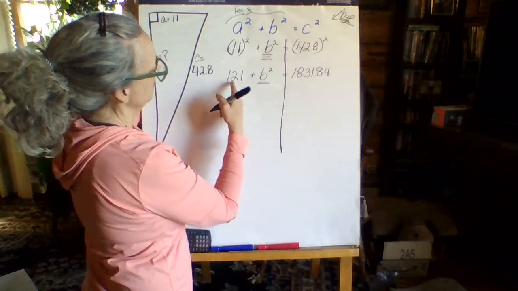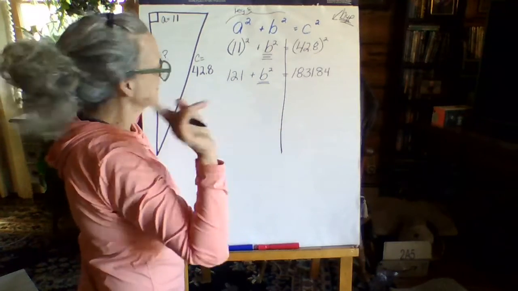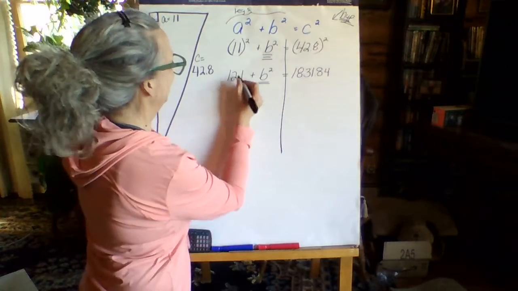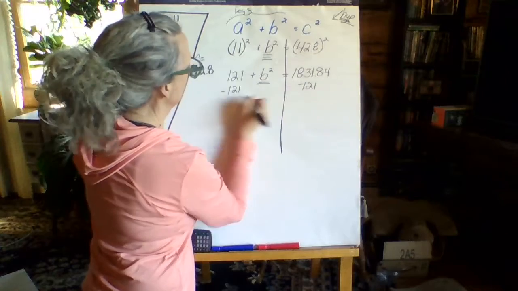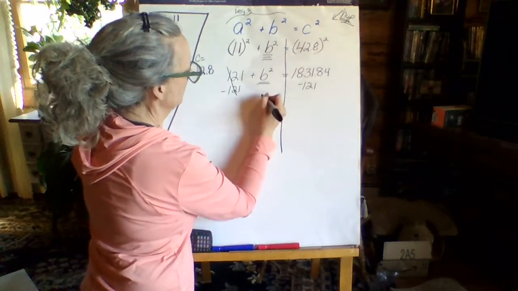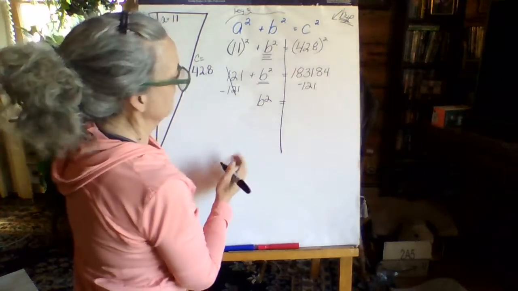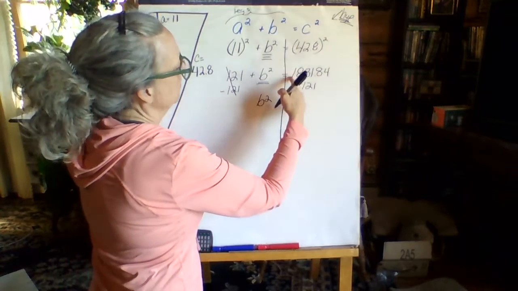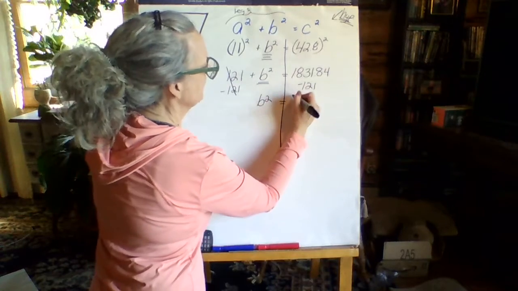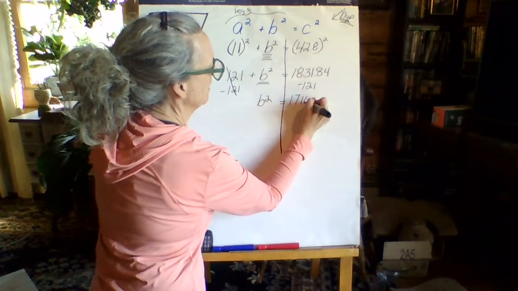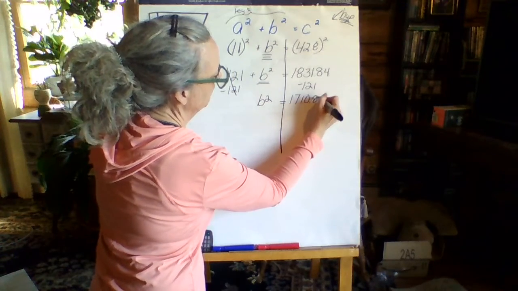In order to do that, we're going to subtract this 121 from both sides of the equal sign. So minus 121, minus 121. That wipes that out over there. We bring down our B squared. We haven't done anything with that yet. Equal sign on the line as always. 1,831.84 minus 121 is, thanks to my old-fashioned yet handy-dandy little calculator, 1,710.84.